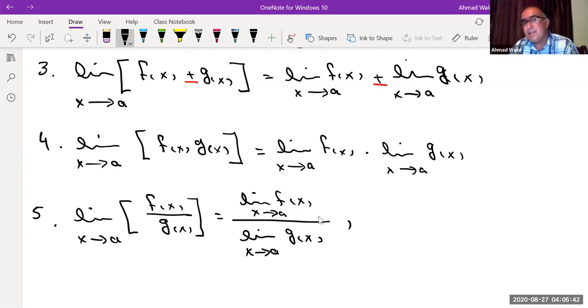But in this case, I have to say my denominator cannot be 0. That means the limit of g of x as x approaching a cannot be 0. Correct?